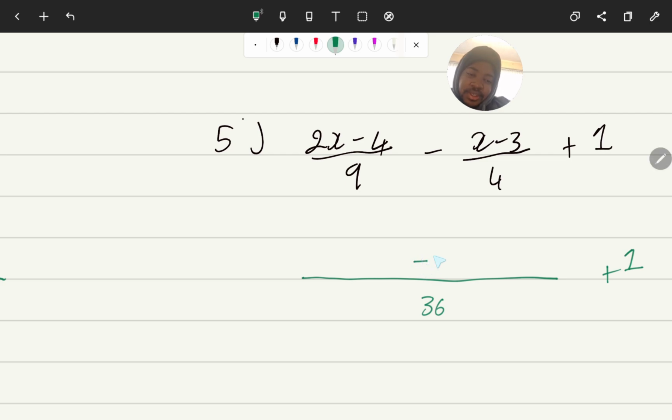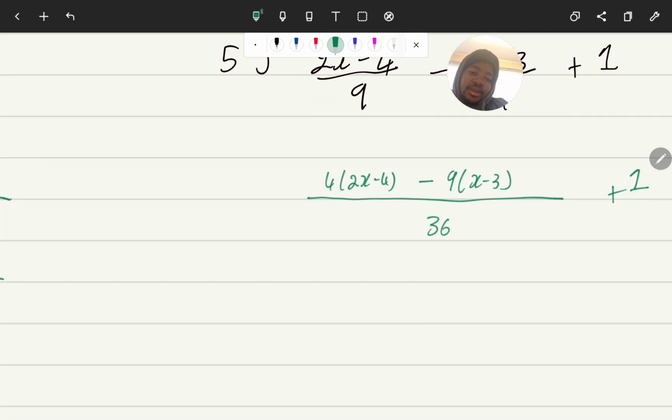So you have your negative sign here, and then what's going to happen, this 4 is going to multiply 2x minus 4. So you have 4 into 2x minus 4, and then you have 9 multiplied by x minus 3, right? Then here, of course, you have 1, but you already see what's happening. The denominator is 36, so it could be like 36 over 36, right?